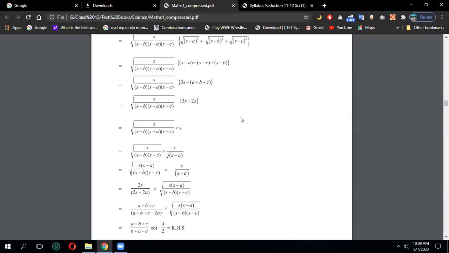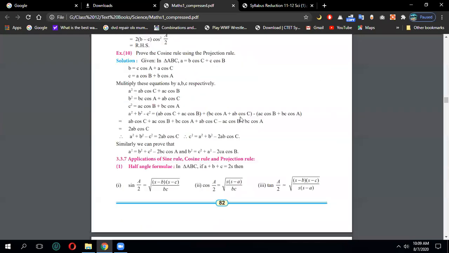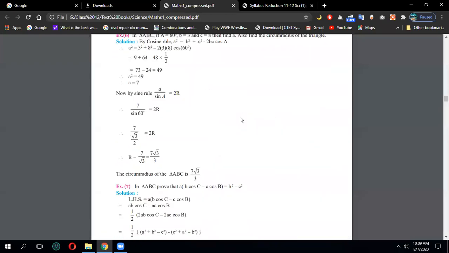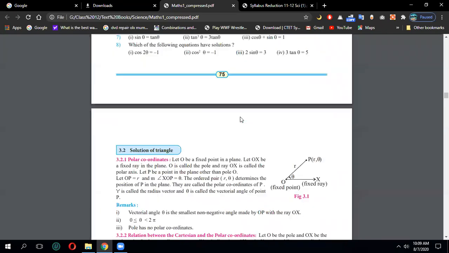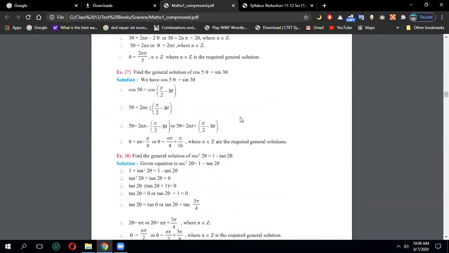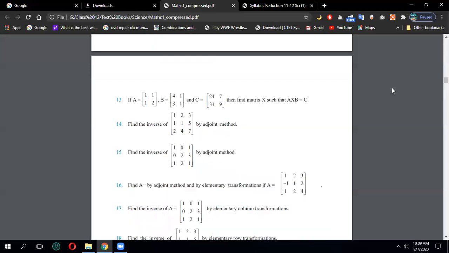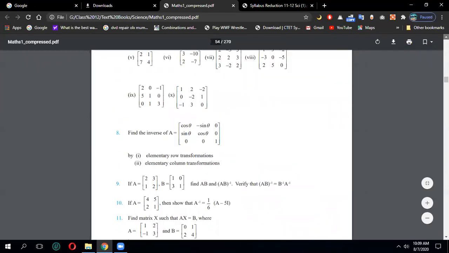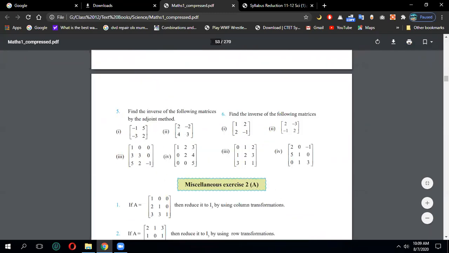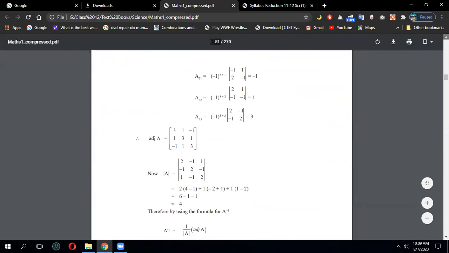Yesterday we were solving one problem in matrices. Musab, yes sir, yesterday we were doing some problem, right? One problem related to matrices. Did anybody try the rest of the sum at home?